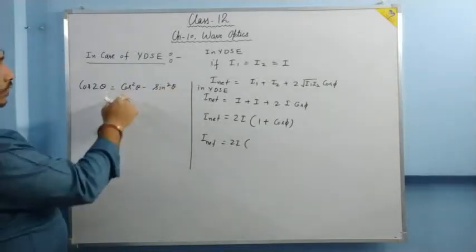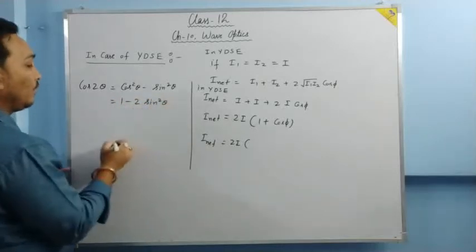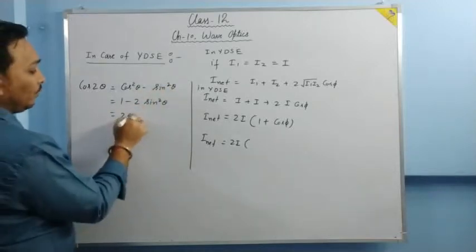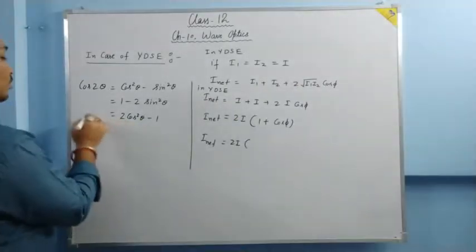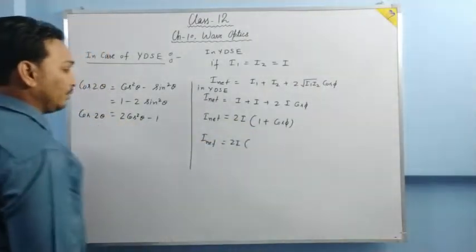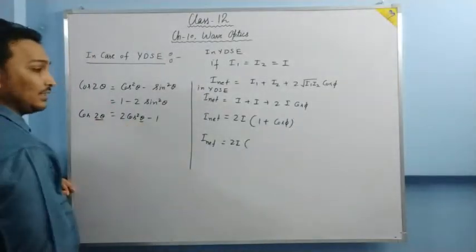If we put 1 minus sin square theta, it will become 1 minus 2 sin square theta. And if we put sin square theta as 1 minus cos square theta, we'll have 2 cos square theta minus 1. So this formula I am going to apply so that this 1 is cancelled out. But just see, here it is 2 theta, and here the angle is theta.